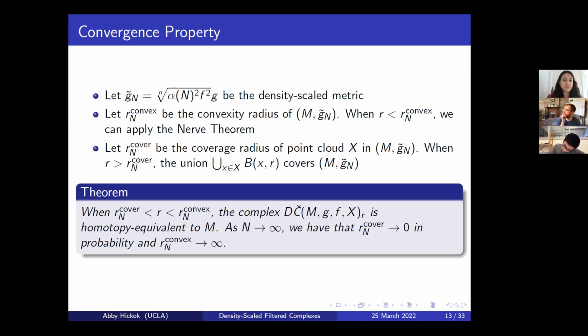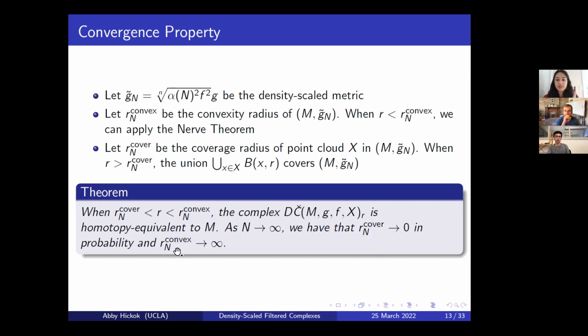Interesting. Okay. Cool. And then I guess the improbability would be something like the places where the ball is not, let's say, geodesically convex, or it consists like the measure. So the probability part is really just for the coverage radius. Oh, okay.